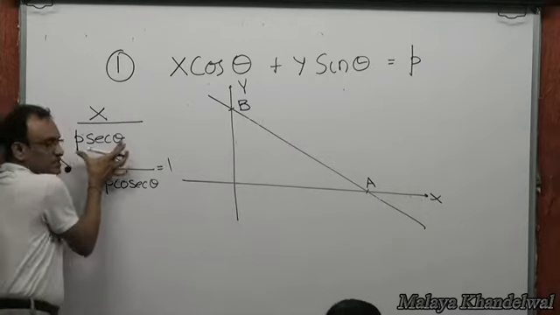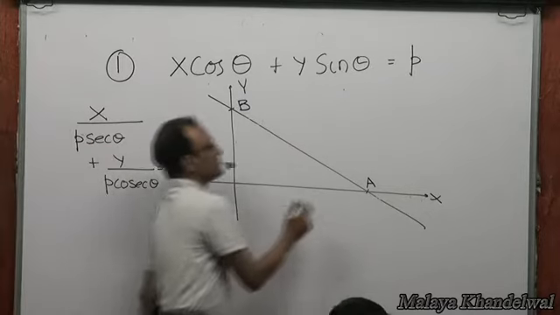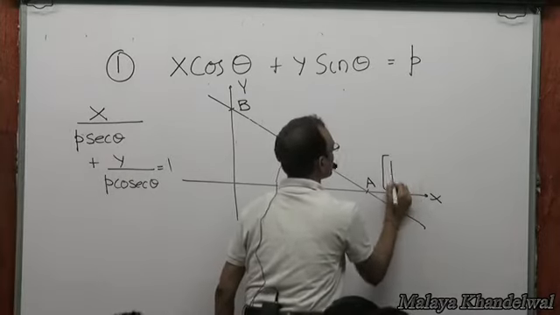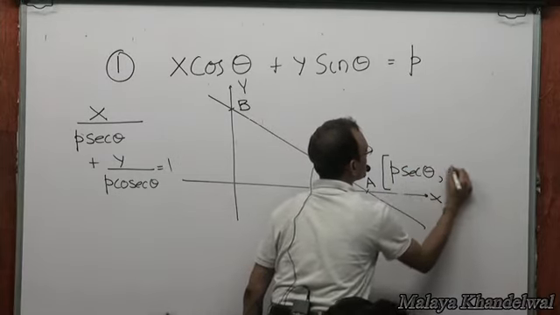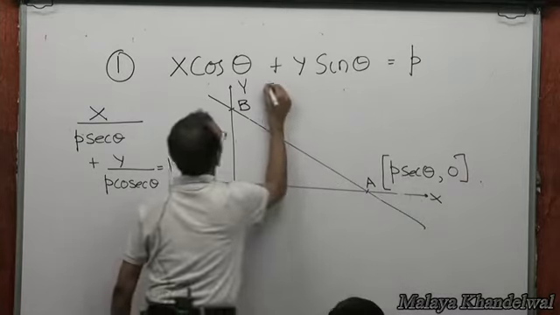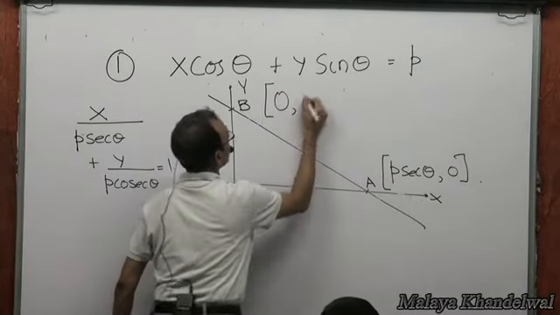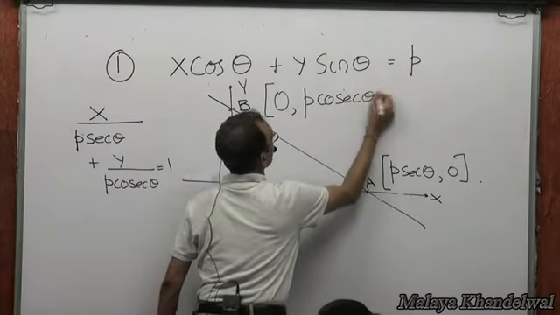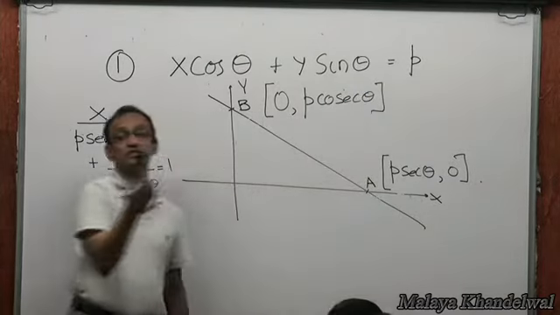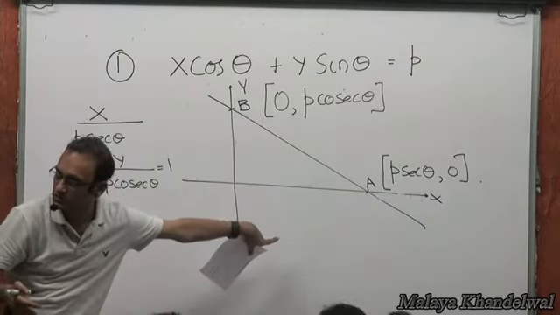So this is the x-intercept, this is the y-intercept of the line. So A has variable coordinates. Why? Because theta is varying. A is (p sec theta, 0). B has coordinates (0, p cosec theta). For different thetas, you will have different positions of A and B given by this description.